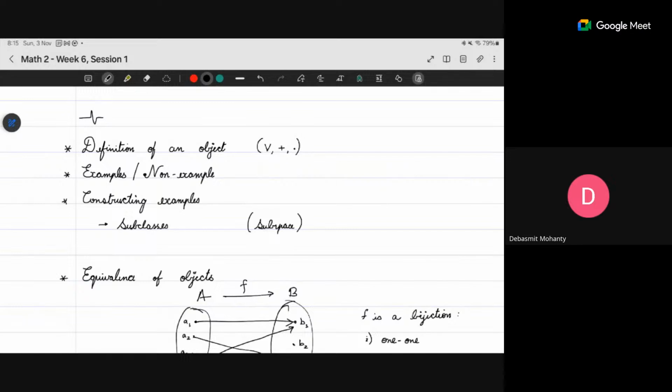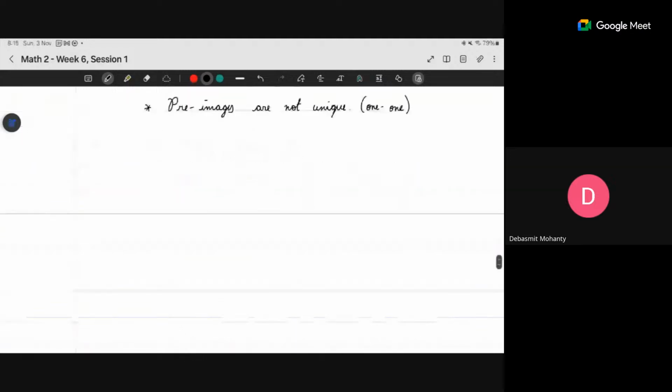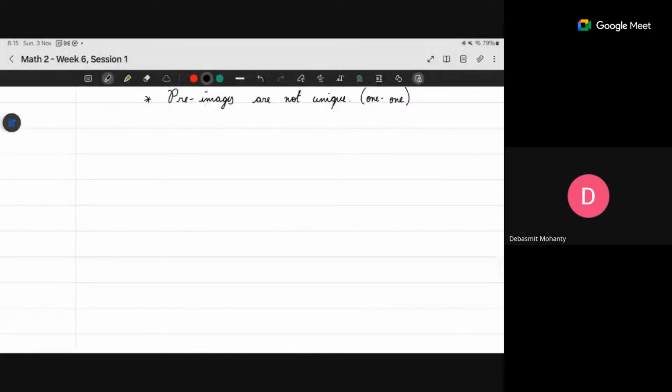If that is the case, then I say these two vector spaces are the same. So now coming back to the course content, this is where the story ends and actual content of the course begins.